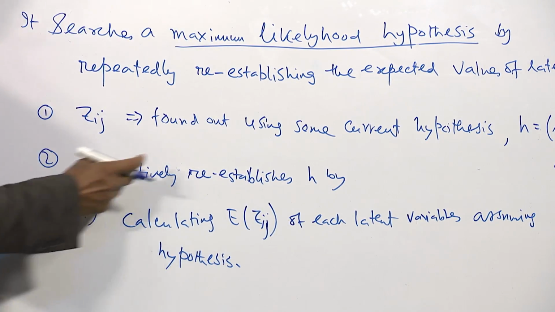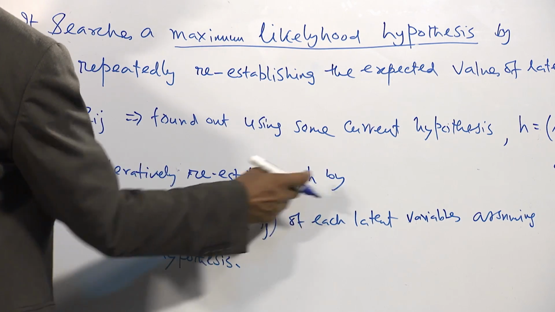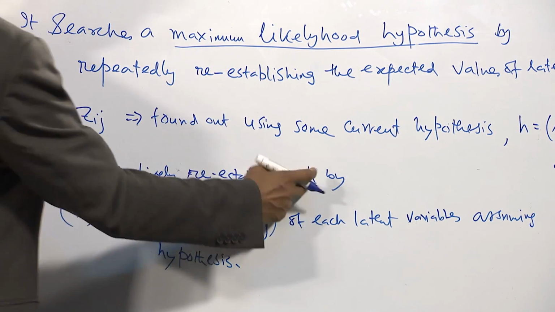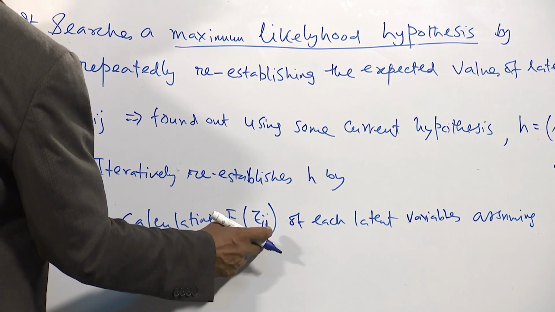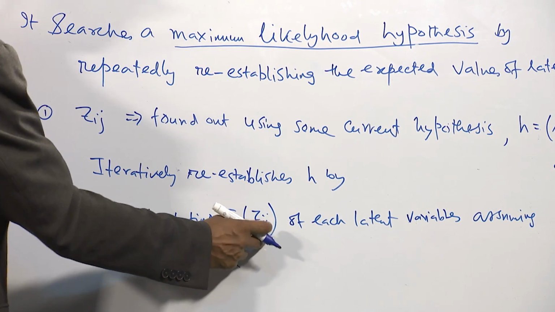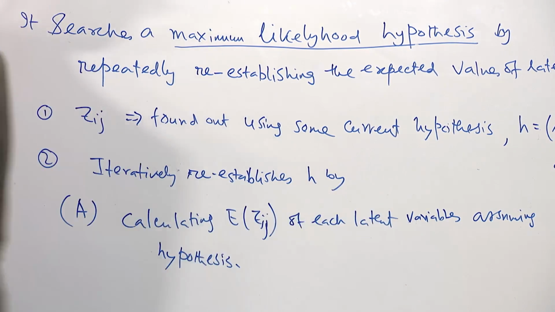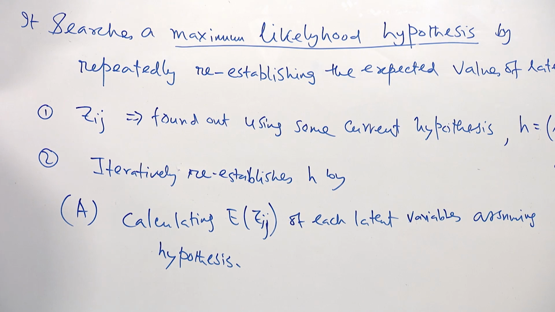So, this will iteratively re-establish H. You can do a lot of loops, calculating the expectation of each latent variable using this assumed hypothesis. So, you have done that.